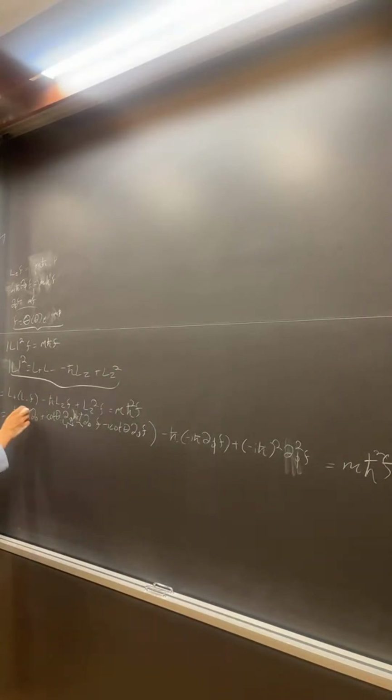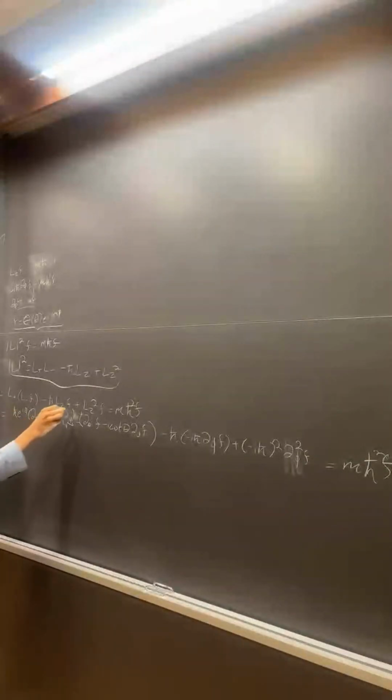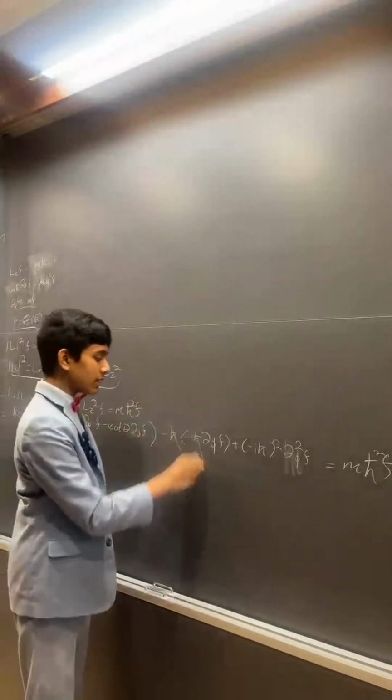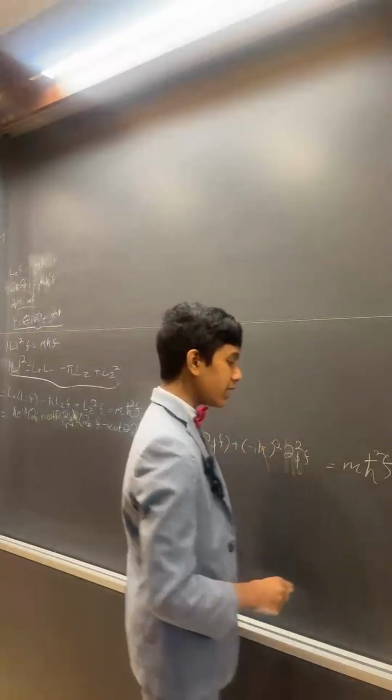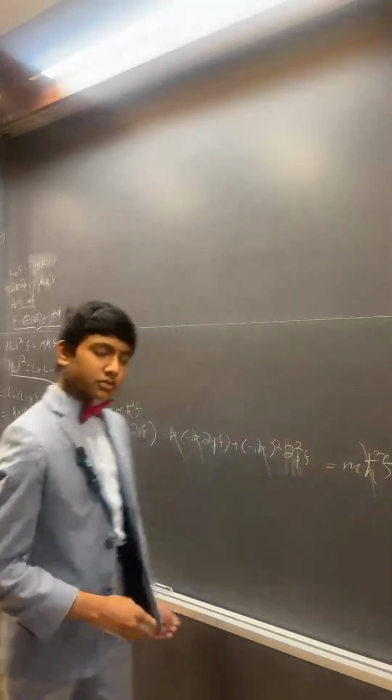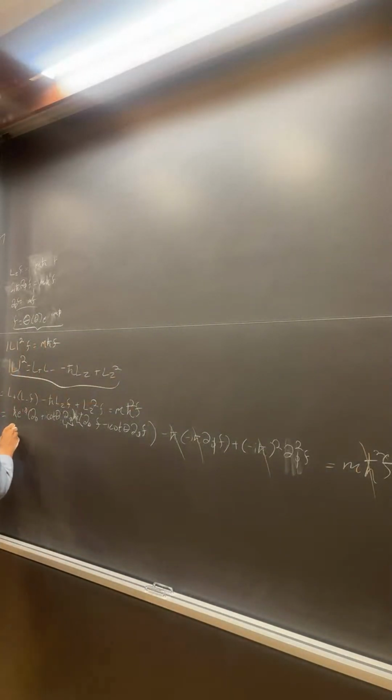Oh, there is one thing we can do. There's an h bar here and an h bar there, then double h bar here, h bar squared there, and an h bar squared there. Which means we can actually cancel out a whole lot.